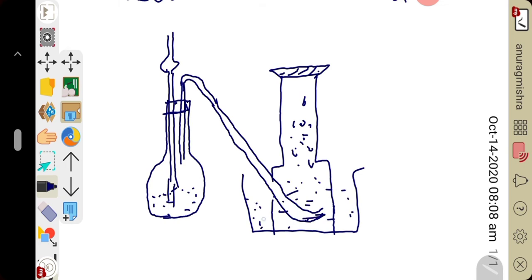This is the total setup which we have to arrange for the preparation of hydrogen gas in the lab, right?